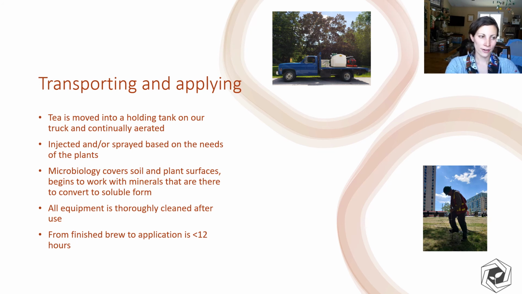So it's continually aerated. We get to the site and we inject or spray based on the needs of the plant. So we can actually take a deep root injector, as shown in this picture of my boss, downtown Toronto, injecting for tree health. So that's getting in deeper to reach the tree roots, just the first couple of feet.